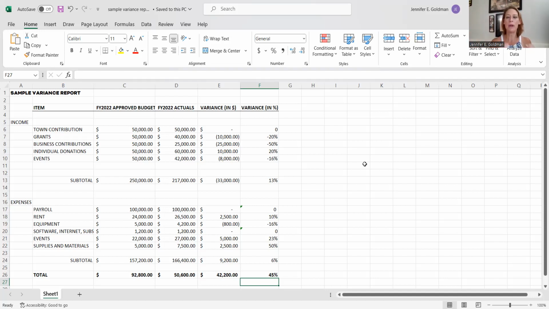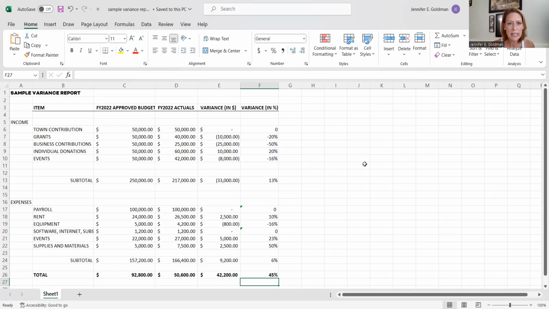And that's still something we want to investigate because we want to be able to predict our future. We want to be able to plan for our future and the growth. While it's always obviously better to have more money, we still want to know why. Why did we make so much more than we had planned?